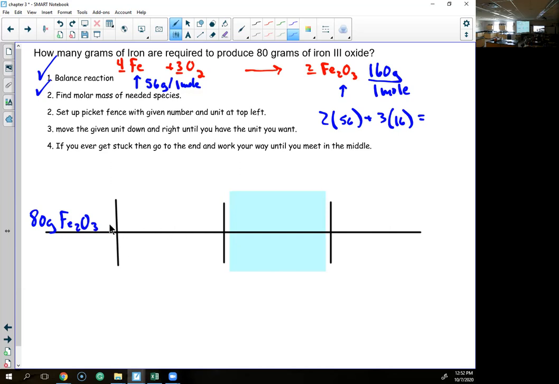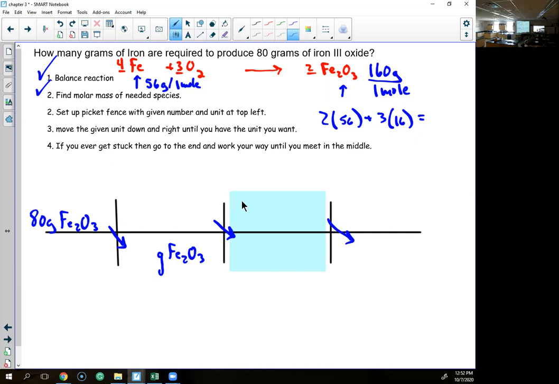If you put 80 grams of Fe2O3, we know absolutely what unit goes down here: grams of Fe2O3. These units will always match right here.